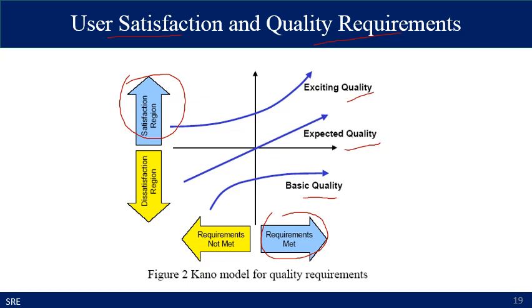Similarly, if the user is satisfied with your product, it is bound to have more quality. So if you have a high satisfaction rate and you meet all or most of the requirements, you will have the exciting quality of your product. And if you do not meet the requirements, and the user is dissatisfied, you will most probably be here.